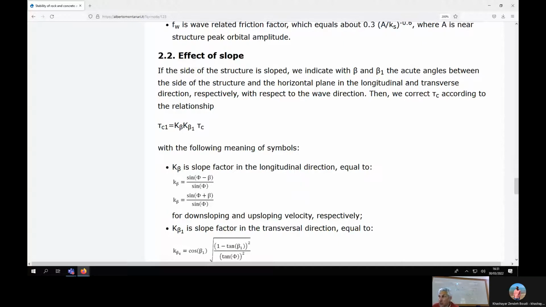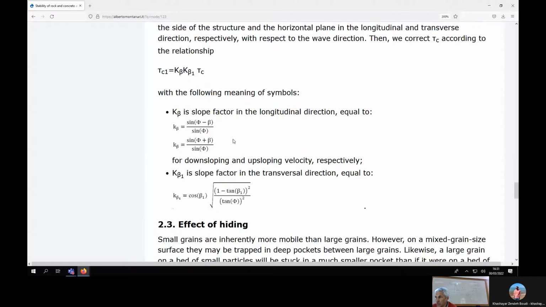So depending on these two slopes, you get two correction factors, K beta and K beta 1, depending on the two angles, beta and beta 1, and depending on the friction angle phi. So you compute these two factors, and then you correct the shear stress.